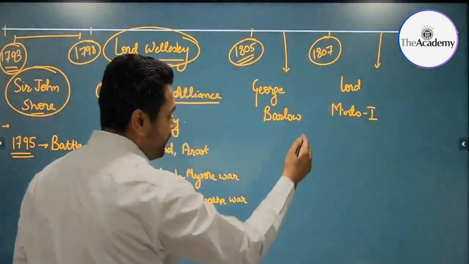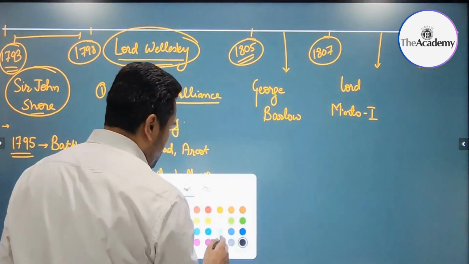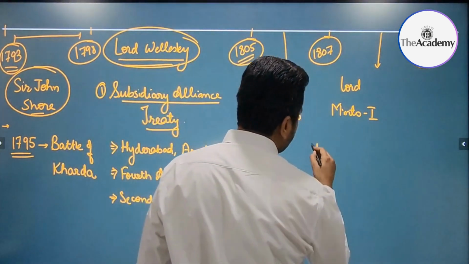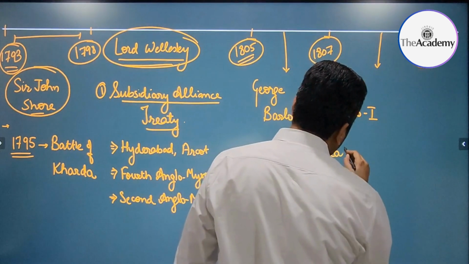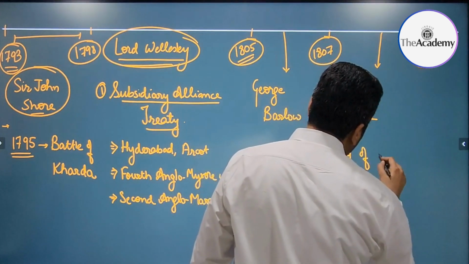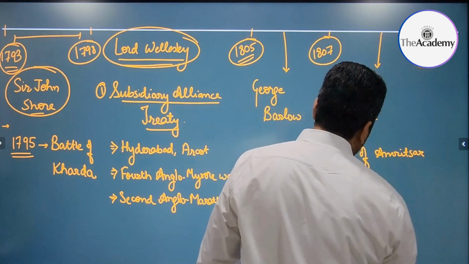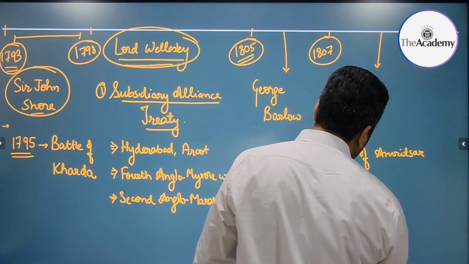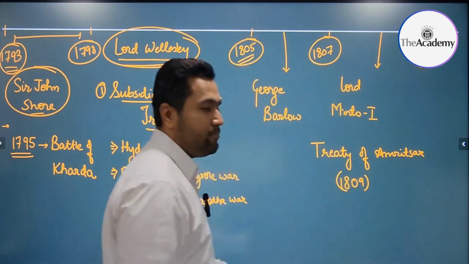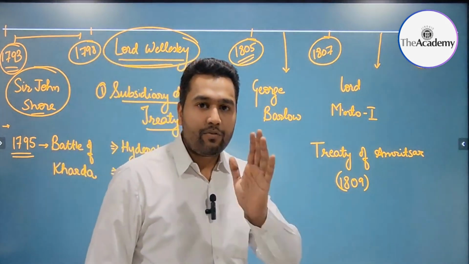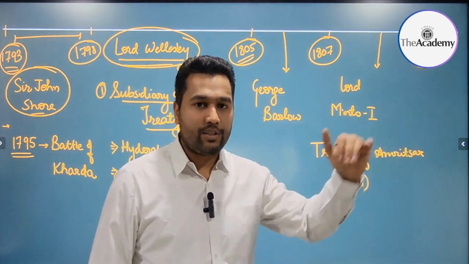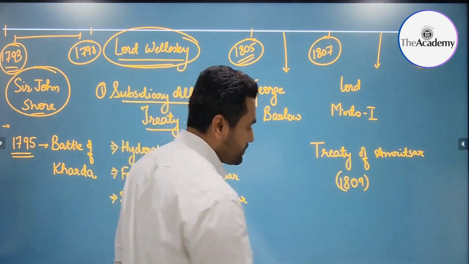So during the time period of Lord Minto, a major event would be the Treaty of Amritsar in 1809, which shall extend the border of the company from river Yamuna to the Satluj river.